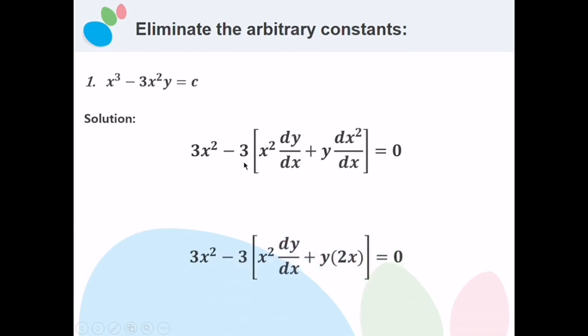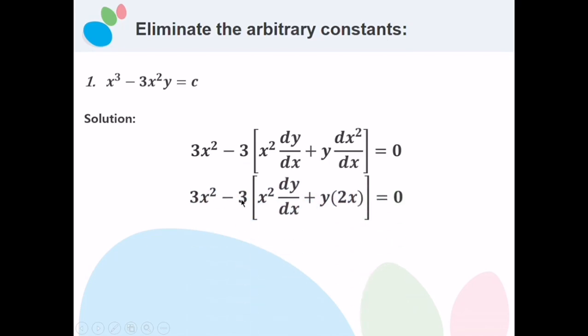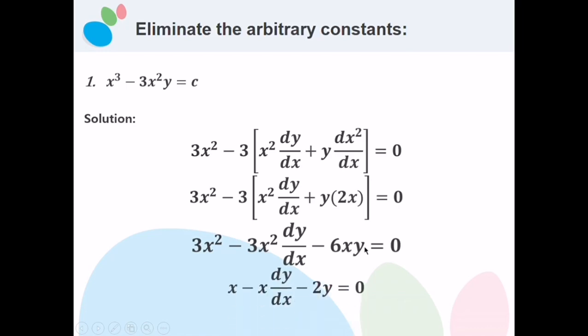Then copy, and the derivative is dy over dx, plus the derivative of x squared is 2x. So we have 3x squared minus 3x squared dy/dx, then negative 3 times 2x is 6, so negative 6xy equals 0.